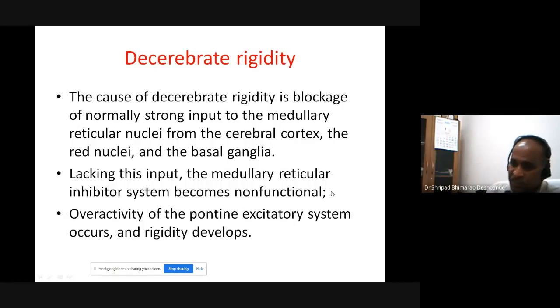That is what Guyton has explained. So in one way, the suppressor effect of the cerebral cortex, the red nucleus and the basal ganglia on the pontine excitatory system is missing and it becomes excitatory. That's all. It's a release phenomenon. Just in one word, you can put that.